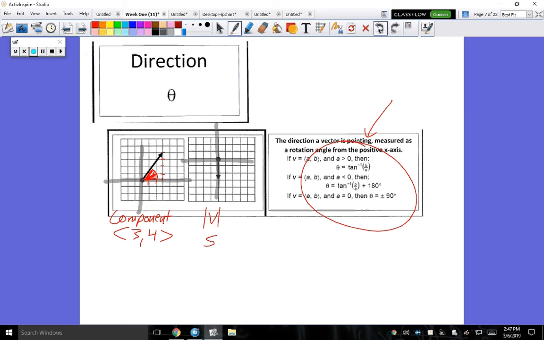So we're going to say magnitude is 5 units. And here we go. The only thing that I really want you to use is this right here. And like Jacob was saying, we're going to try to find it as a reference angle. So here we go. The arctangent.